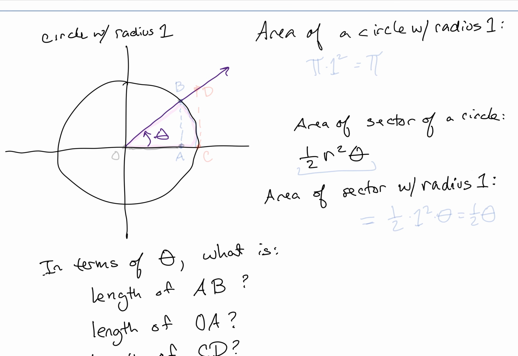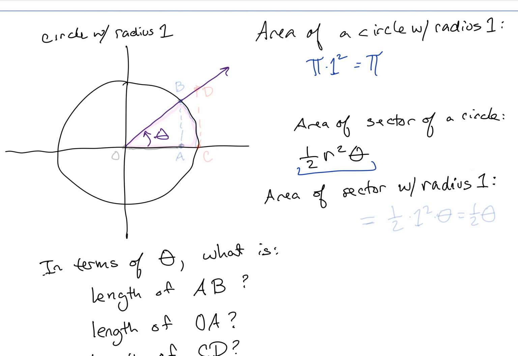So let's first think about a couple areas. We know that in general the area of a circle is pi r squared. So the area of a circle with radius 1 is pi times r squared, but r is 1, so it's just pi. What about the area of a sector of a circle? You might be less familiar with that formula, but it is 1/2 r squared theta.